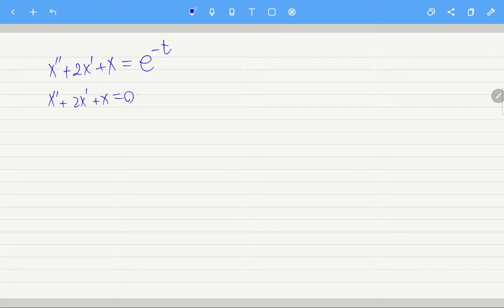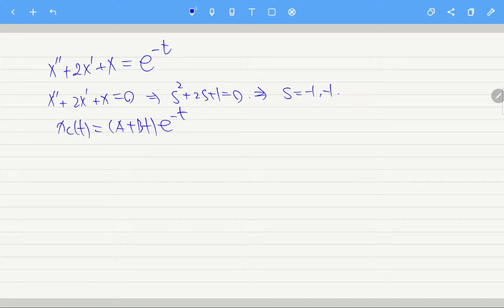It will be s squared plus 2s plus 1 equals 0. So you can find that s is minus 1, minus 1, which means that the complementary solution will be a plus bt times exponential to minus t. So actually this one is the same as g of t.